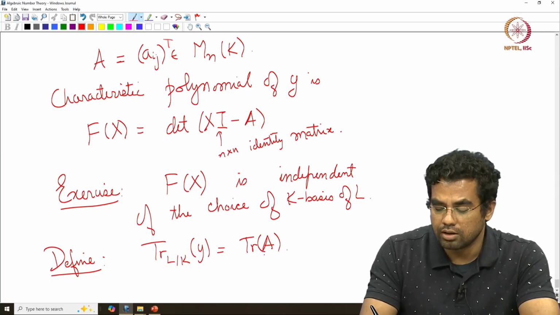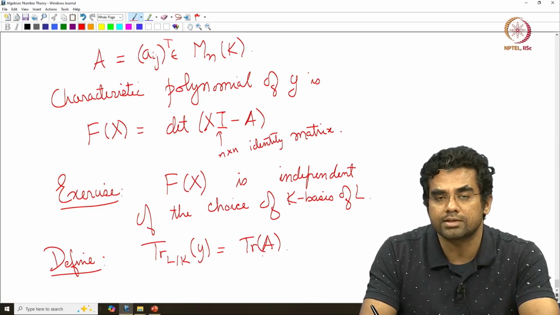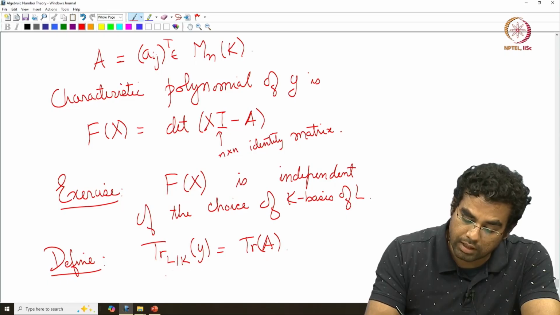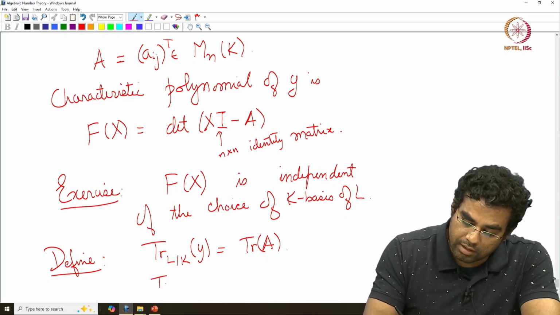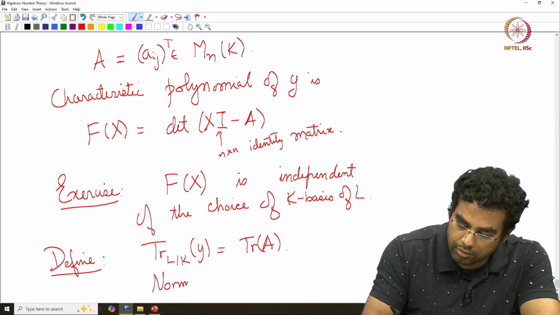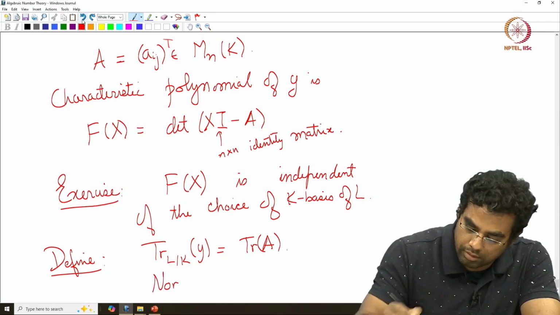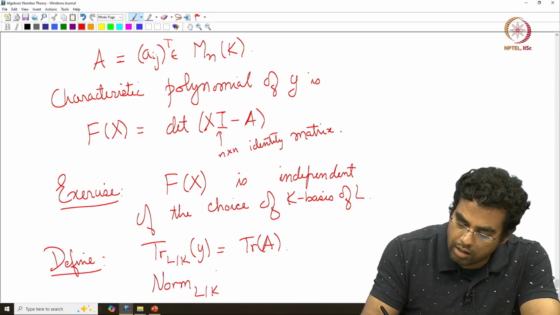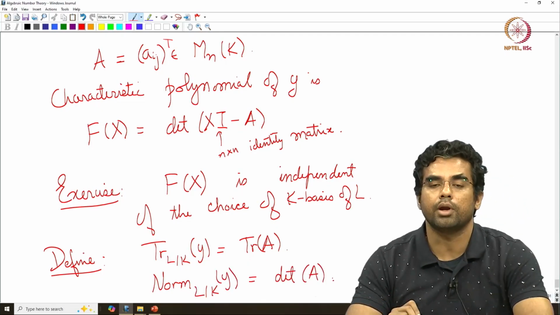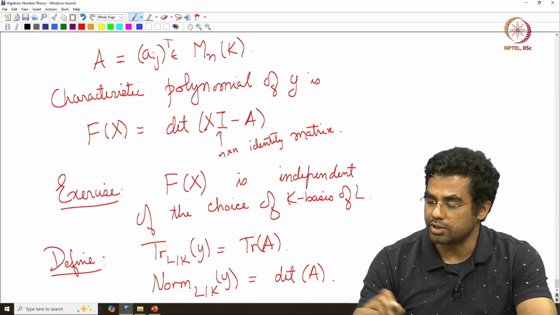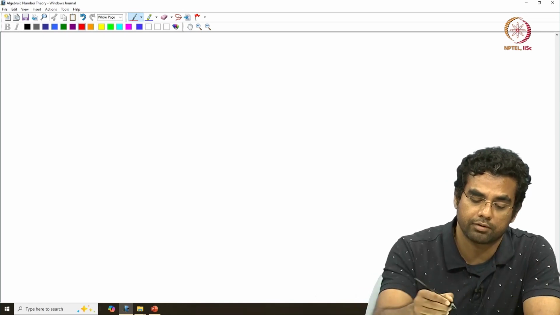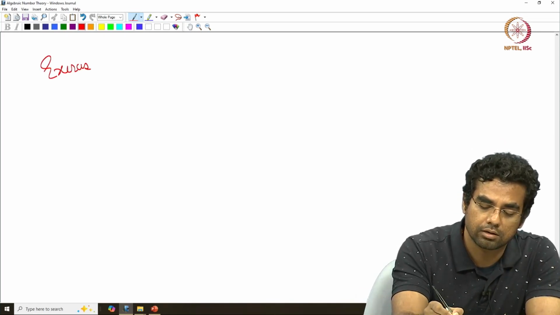So, this is the coefficient of x in this f of x, up to sign, and then norm from L to K of y is simply the determinant of A, and again this is independent of the choice of basis, independent of the matrix A representing the linear map that we have. So, here is an exercise.